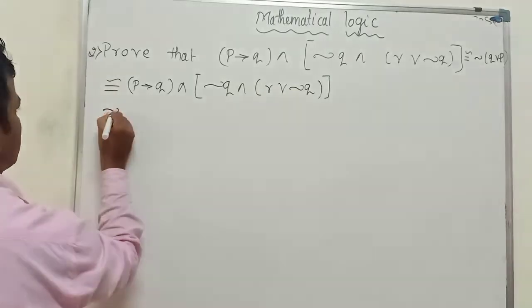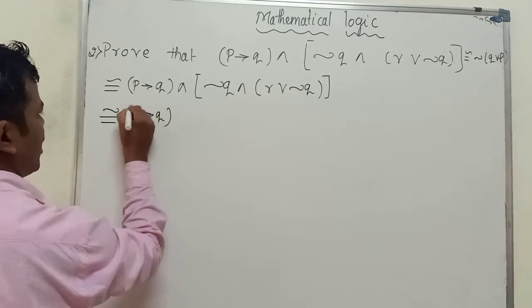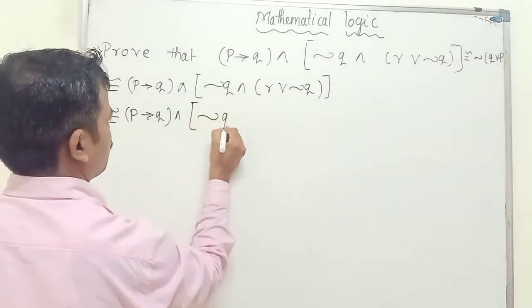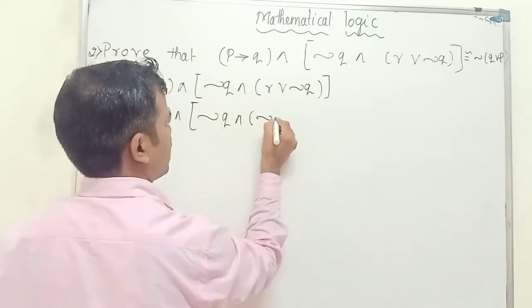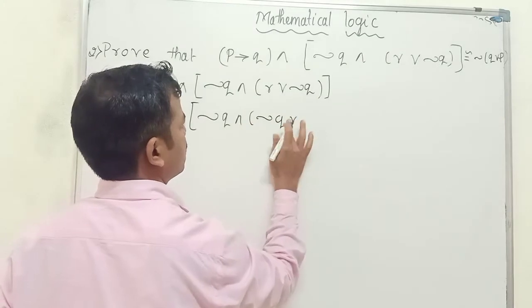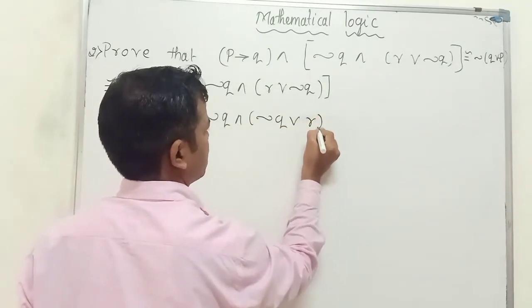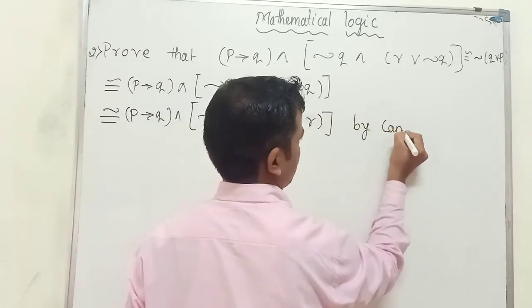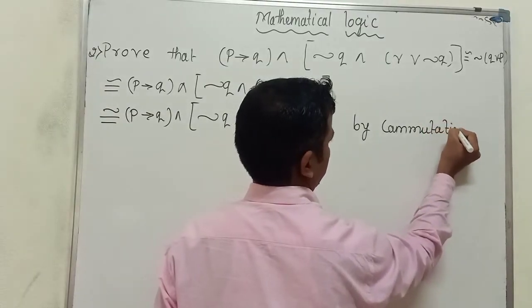So that is (P conditional Q) and [negation of Q and (negation of Q or R)], by the commutative law.